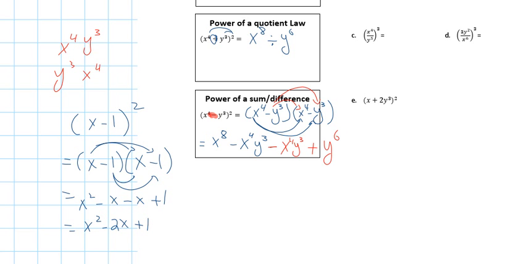Negative x to the 4 y cubed, so I have two of them, right? So x to the 8 is going to stay the same. This term and this term, they're like terms. What do I do with them? Add or subtract, right? So you have negative x^4 y^3 minus x^4 y^3. So that means you have negative 2x^4 y^3.